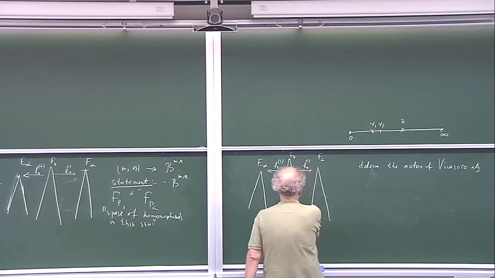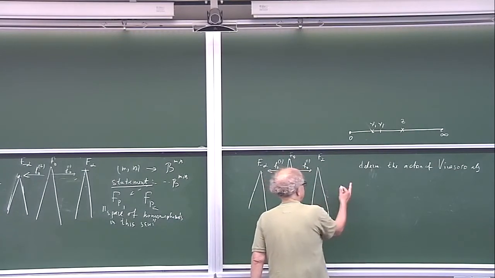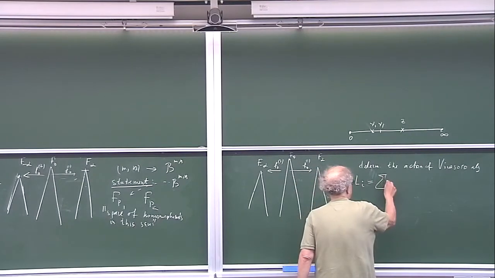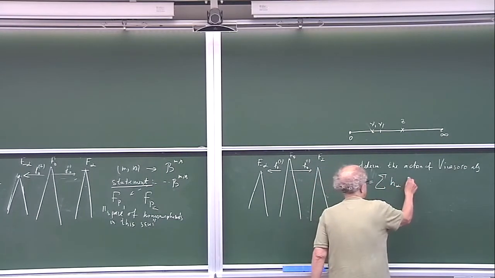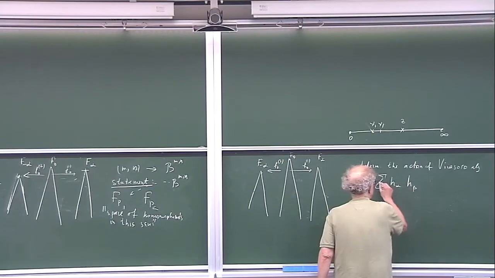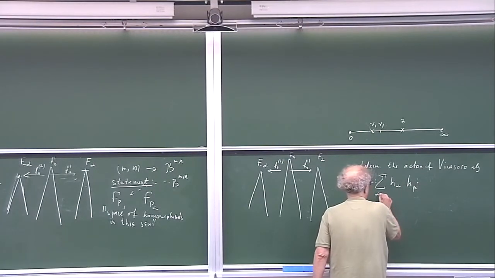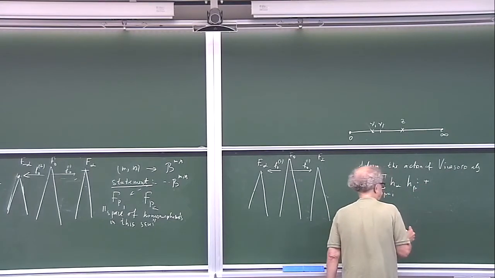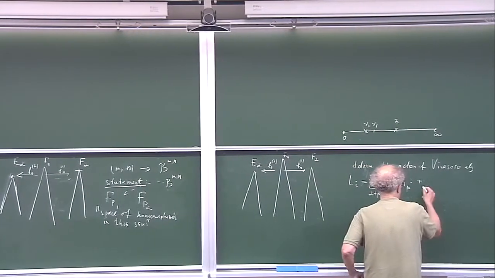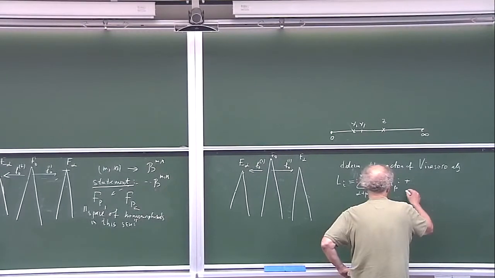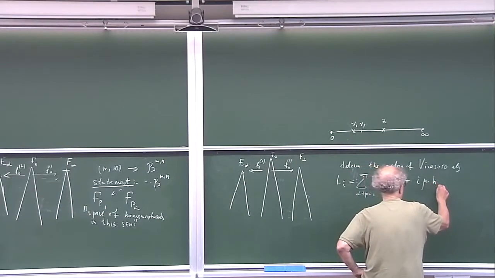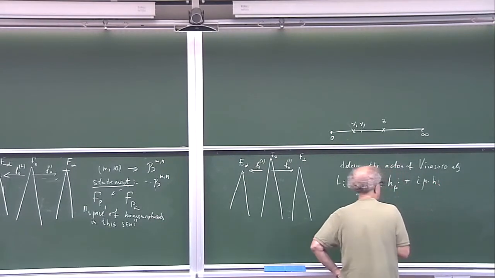So structure of Virasoro is following. Li is the sum of H alpha, H beta, alpha plus beta equal i, plus some i times some mu Hi.